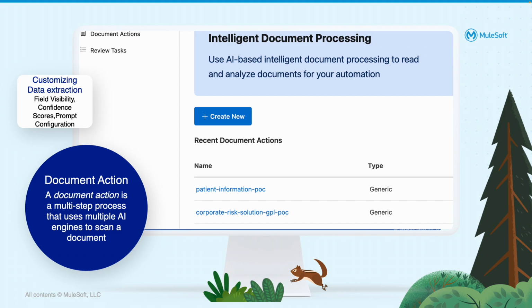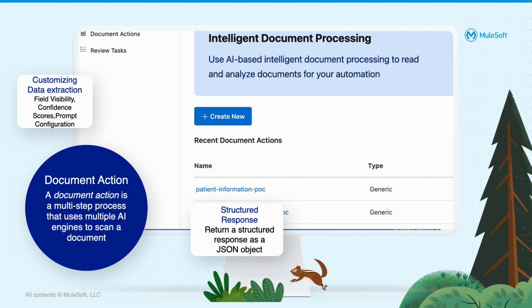For example, if you have a document with patient information, and you want to extract the city of the person living in that area, you can write: extract city under the patient information. That will internally process it and give the result. Each field has a field visibility and confidence score that we'll see later on. Next, once the data is scanned, the output that we get is a structured response, which is basically a JSON object.